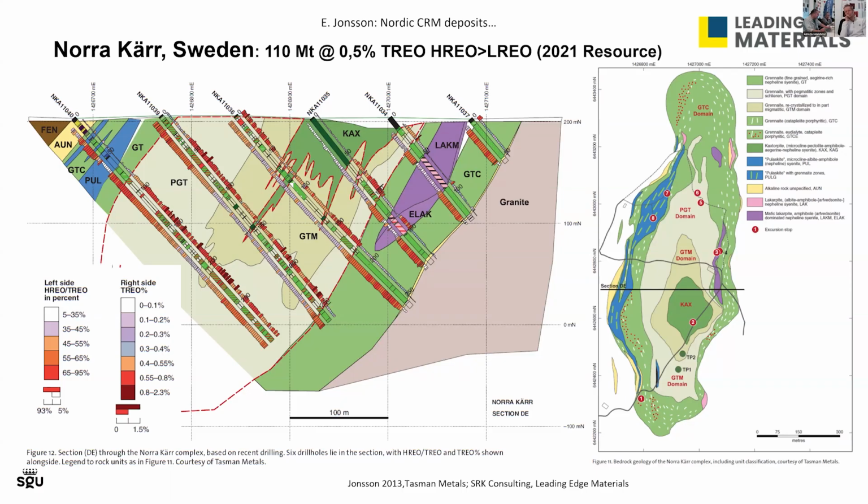And this deposit is essentially a deformed plug of nepheline syenite rocks, an intrusive complex, has been drilled down and the resource is based down to about 200 meters depth. From there and onwards, downwards, it's open. So this is still a relatively conservative figure, I would say.